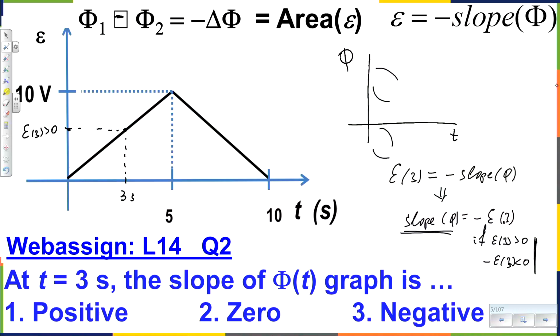So this is an actual value of EMF induced somewhere. We don't know, but we don't care. We know it's induced. And the graph says at t equals 3, the value is positive. That's it. And the slope should be opposite.